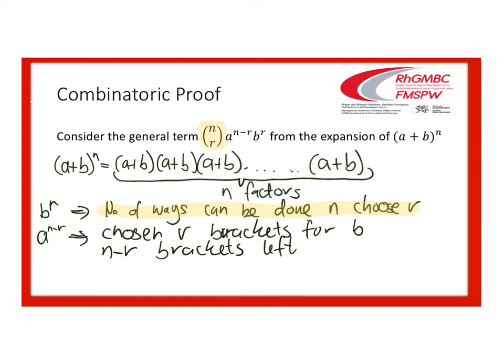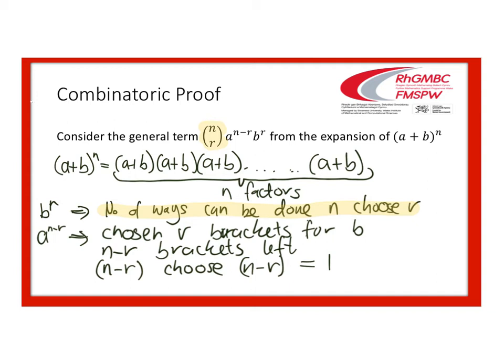And so the number of ways that we can choose to multiply a together, n minus r times, is that we are going to pick n minus r brackets out of a total of n minus r remaining brackets. So this is n minus r choose n minus r, which we saw a moment ago. If you've got a certain amount of items and you're going to pick them all, there's only one way to do this.